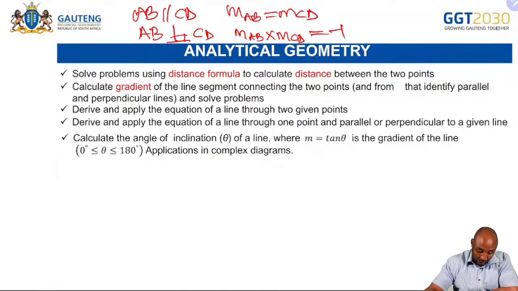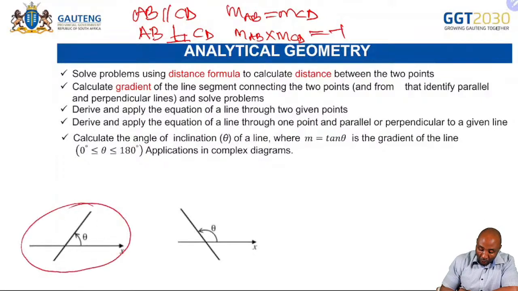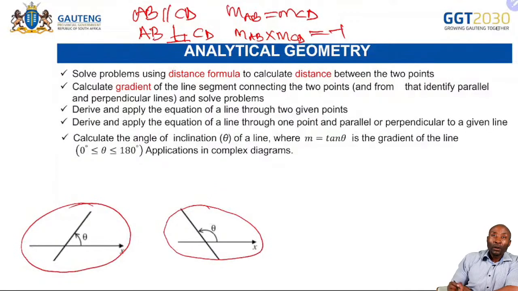That's the characteristic we know about perpendicular lines. And we should also be able to look at our angle of inclination. It is the angle that is measured between a line and the positive x-axis. So we can have our angle of inclination as acute between 0 and 90 degrees. It would look like the first diagram. Or it can be obtuse, meaning it's above 90 degrees but less than 180 degrees.